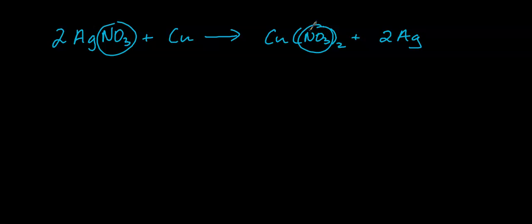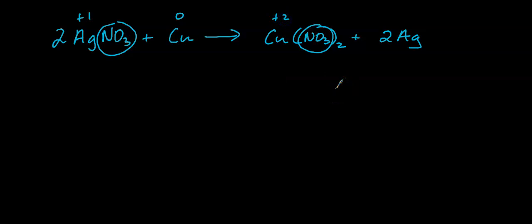In silver nitrate, what is the oxidation state of silver? Well, it's a monatomic ion, so its oxidation state is the same as its charge. I'm just going to indicate that above the symbol. Copper, elemental copper, 0. In the product side, we have copper in a compound. Again, this is a monatomic ion, has a charge of +2, therefore its oxidation state is +2.